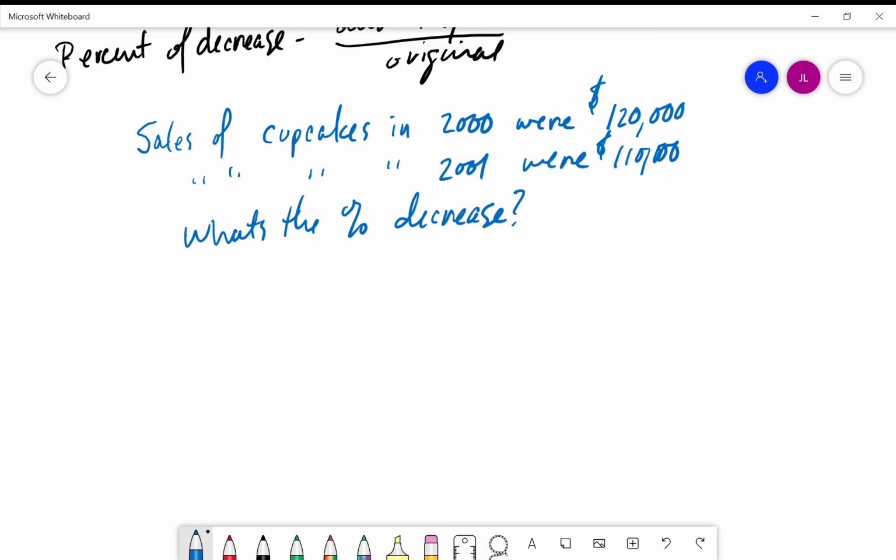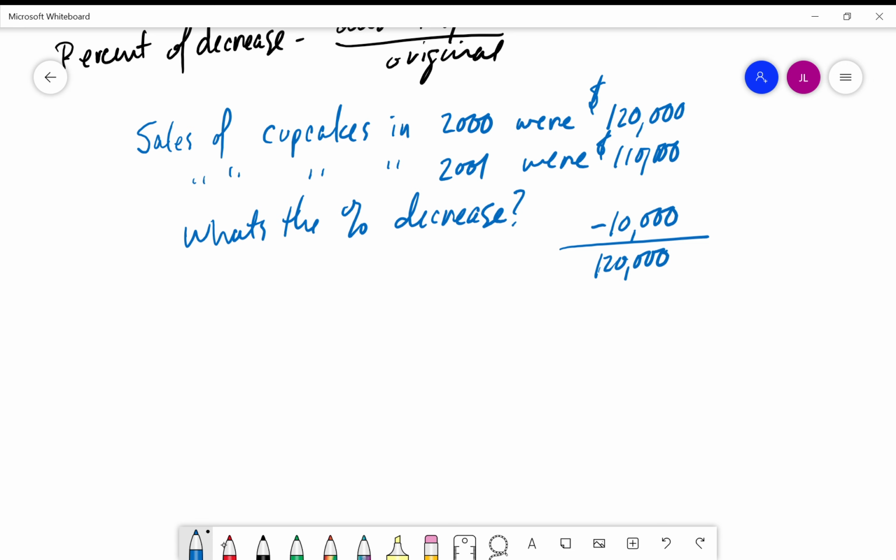Well, we know we went from 120 to 110, so we went down 10,000. Now we have to think, okay, we started in 2000 with 120,000. So we decreased by 10,000, and we want to put this over 120,000.